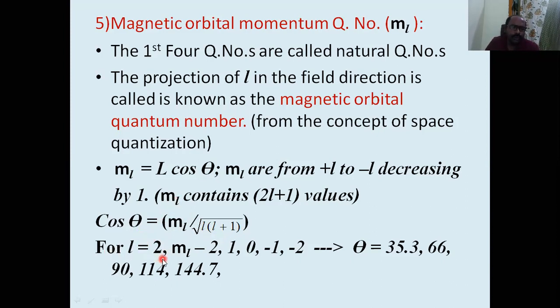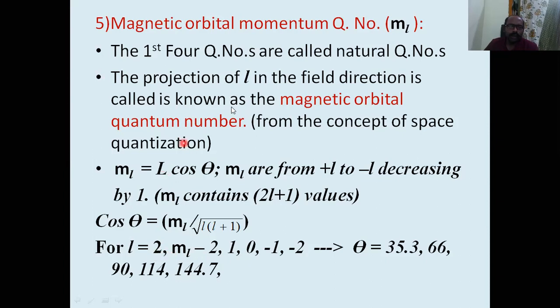For L equal to 2, the possible values of ML are 2, 2 minus 1 gives 1, 1 minus 1 gives 0, then minus 1, and minus 2. These are the values of ML for L equal to 2.